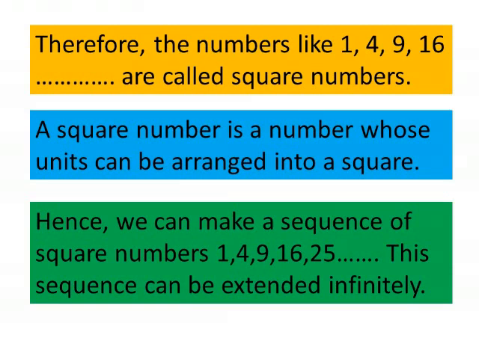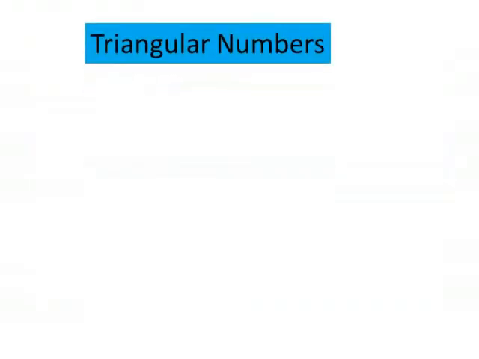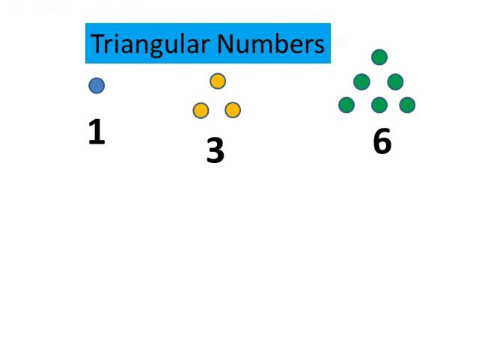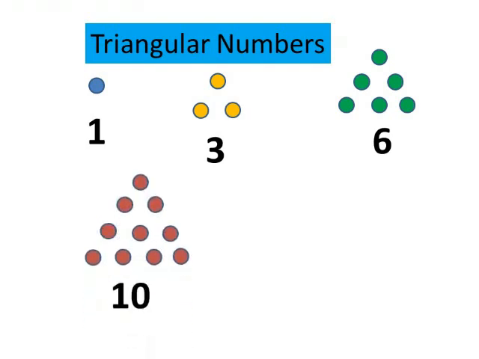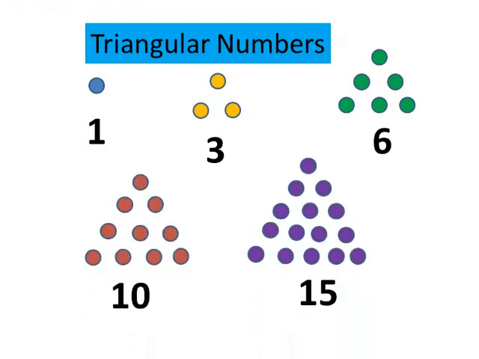Likewise, numbers can also be arranged as triangular numbers. Let us observe the following shapes made by dots. 1 dot, 3 dots, 6 dots, 10 dots, 15 dots, and so on.